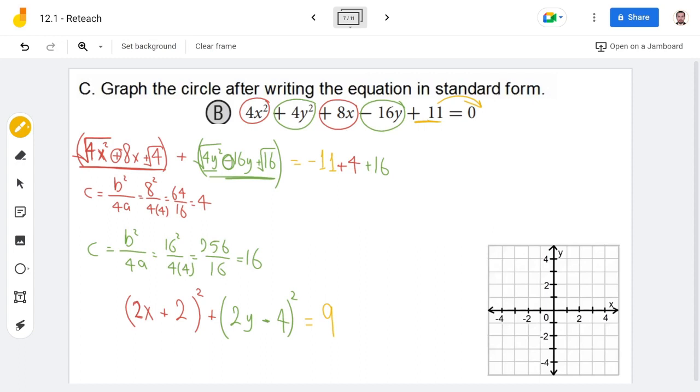Did I finish? No. I know that the formula should be in terms of x minus h to the power of 2 plus y plus k to the power of 2 is equal to what? R squared. So now x and y, there is no number beside them, but there is a number here.